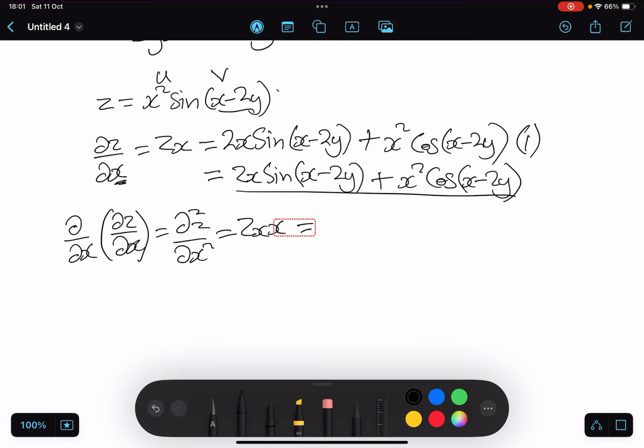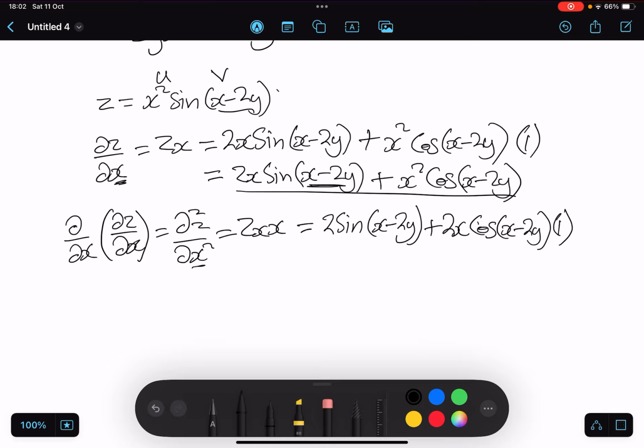Let's start with this first part. We are going to get 2 sine(x minus 2y), that's very important, plus 2x, then the first derivative of sine is going to be cos(x minus 2y), and differentiating what is within the sine with respect to x is going to be 1. So I've differentiated this part.